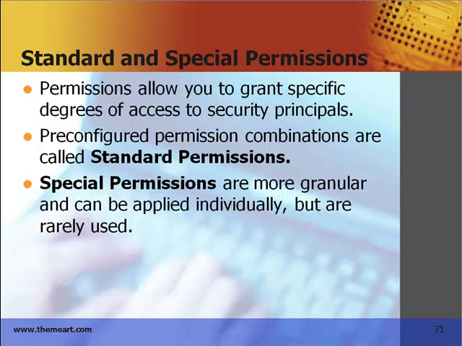Don't use the gas, don't use the steering wheel, but here's the keys, you go use the brake all you want. Using the brake would be a special permission. It's so specific it's practically useless. Drive the car would be a standard permission that will be made up of the special permissions. Use the brake, use the accelerator, use the steering wheel. You get the idea. So that's a distinction between a special permission and a standard permission.